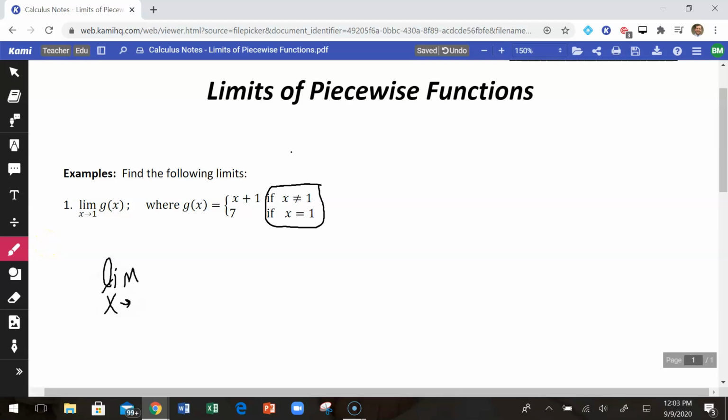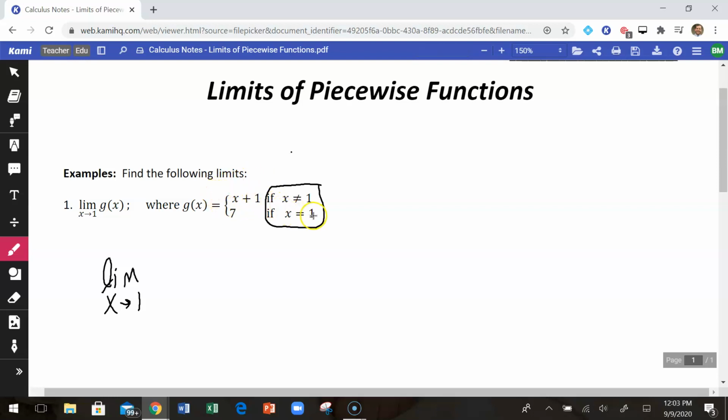is, remember, the limit is not what is actually happening at that number, it's what's happening as you approach that number. So because we are using x plus 1 for every single x value except 1, that means as I approach 1, I'm going to still be using this x plus 1. Right? Even if I'm really, really close to 1, if I'm at 0.99, I'm still using this x plus 1.